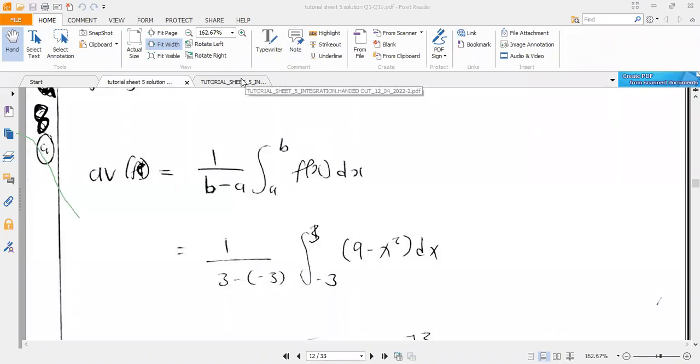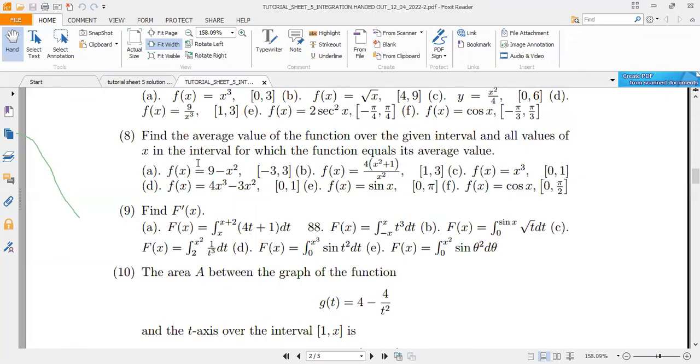So we're going to do question 8. Now on question 8, we've been taught to find the average value of the function over the given interval and all values of x in the interval for which the function equals its average value.